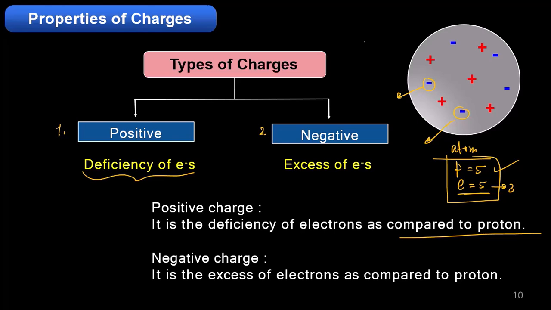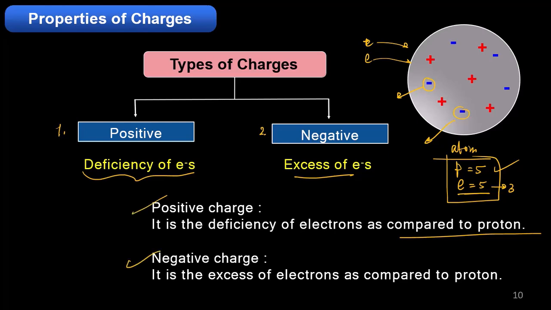Similarly, if I add 2 extra electrons, the electron number becomes 7, so now it becomes an excess of electrons. So either the electrons may be in excess or in deficiency, and the charge may be negative or positive.